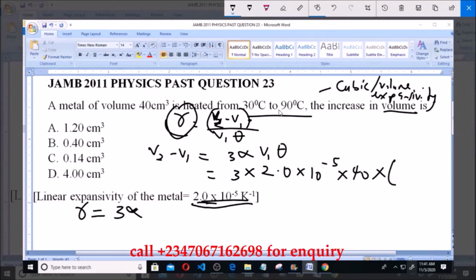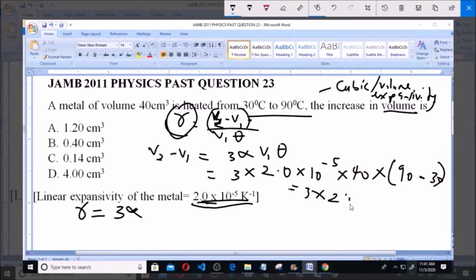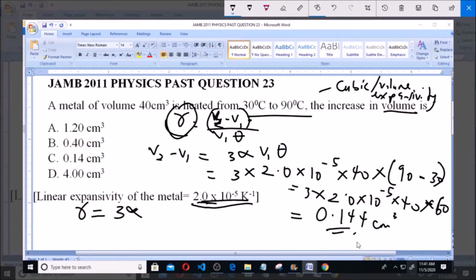So change in temperature is 90 minus 30, so that is equal to 3 times 2.0 times 10 raised to the power minus 5 times 40 multiplied by 60. If you multiply all these together, that is equal to 0.144 centimeter cube. 0.144 is approximately 0.14 centimeter cube, and that is C, 0.14 centimeter cube.